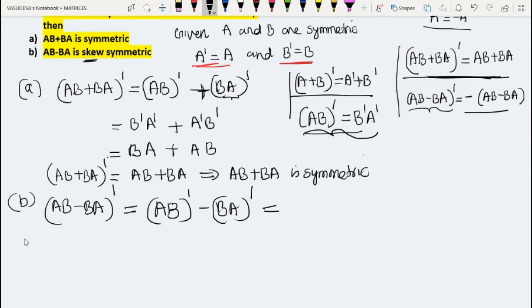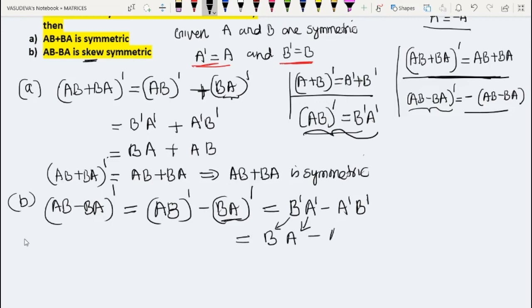So it can be written as B dash into A dash minus A dash into B dash. B dash is taken as B because B is symmetric, and A dash is taken as A because A is symmetric.